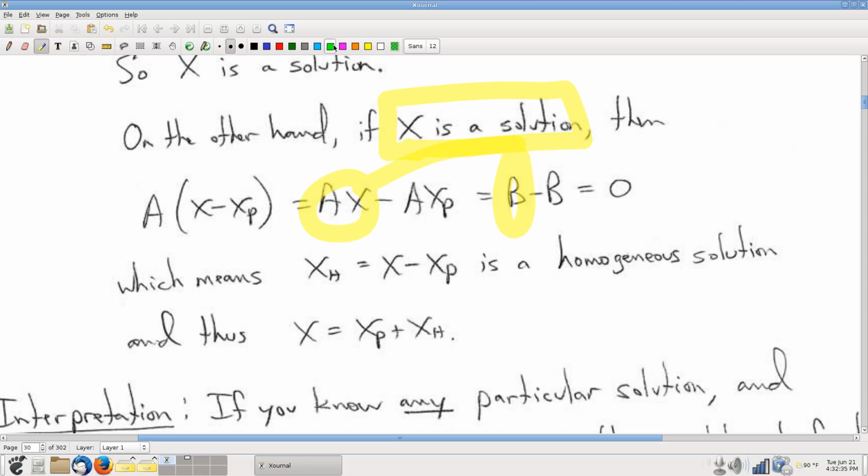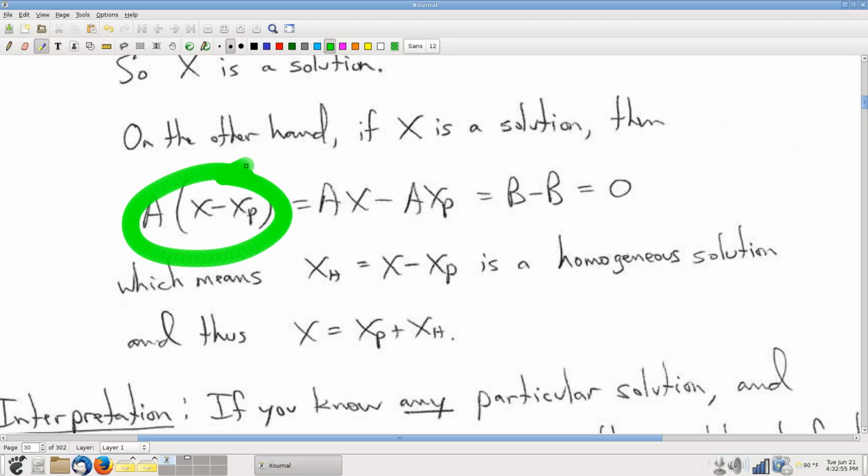But don't forget that by assumption, for the purposes of this whole problem, xp, being a particular solution, is a solution. So Axp is also b. And that means that I have b minus b, which of course is 0. Now, so what? This object that I'm not clear why I care about is equal to 0.